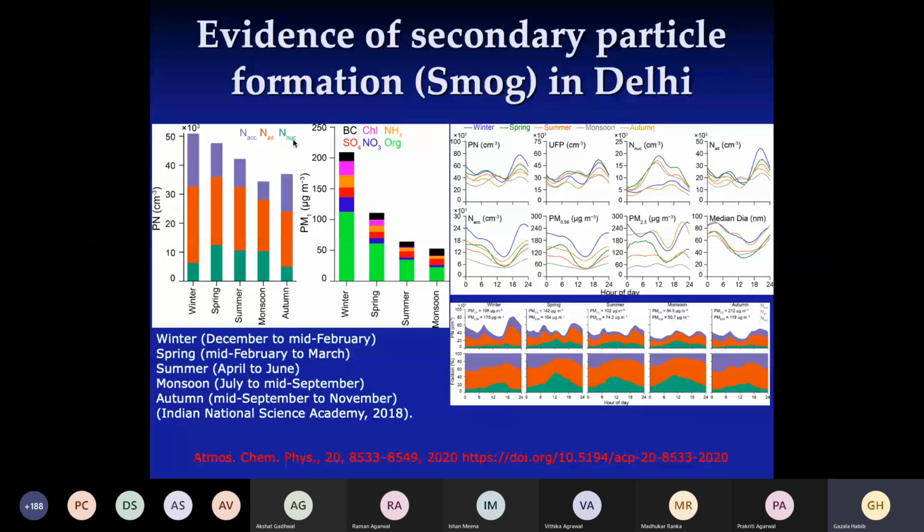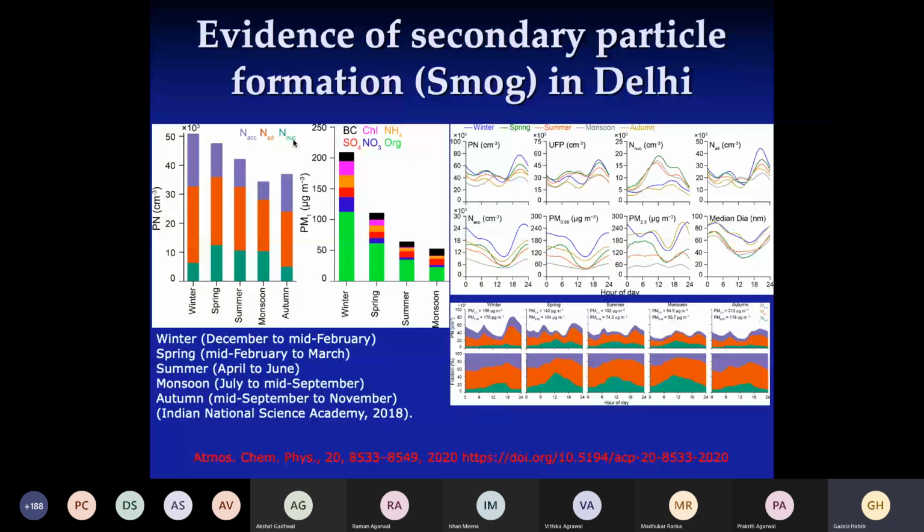In between these two is Aitken mode, greater than 30 nanometer and less than 500 nanometer. It's not necessary for you to remember this. I just want to convey a message: you will see the purple color on the top and the orange color. Just focus on these two.